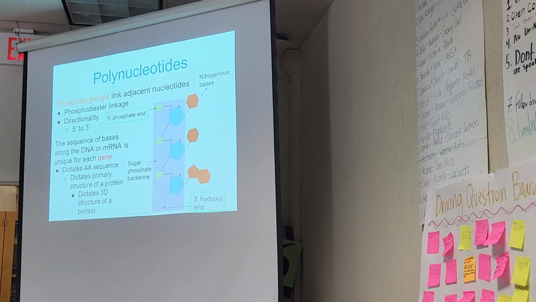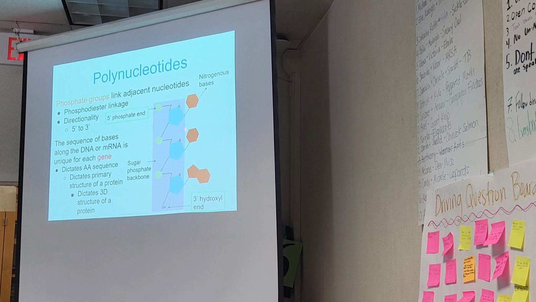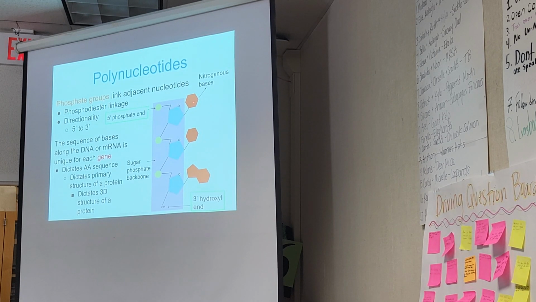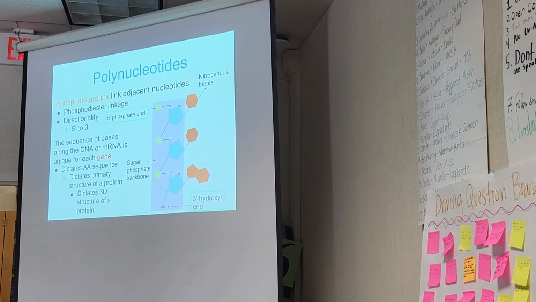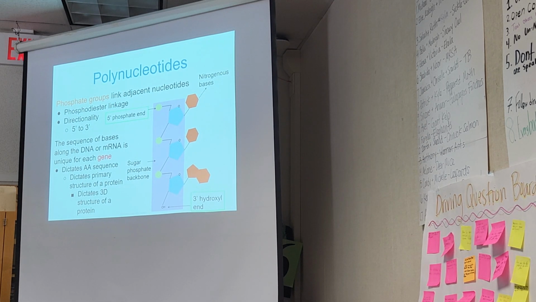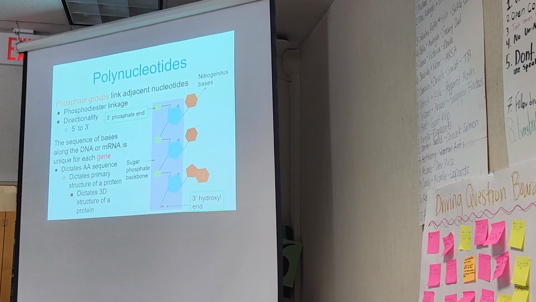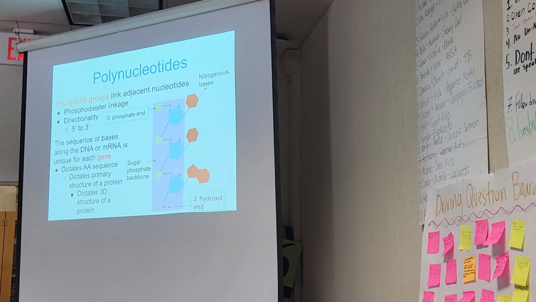So if this pyrimidine becomes a purine by accident, then that gives us a different codon, which will bring in a different anticodon, which could bring in a different amino acid. That means the R chain or the characteristic of that amino acid may not be what it's supposed to be, so we don't have the correct primary structure. Could that affect the secondary structure, the folding?